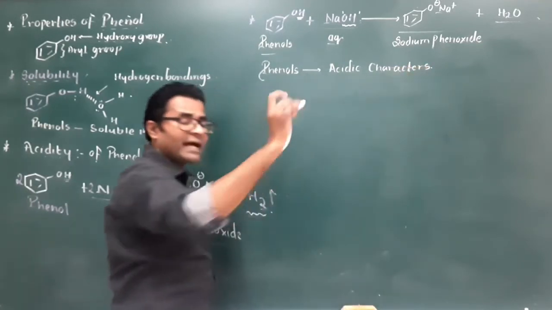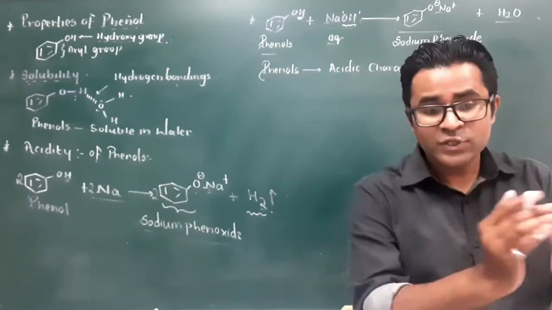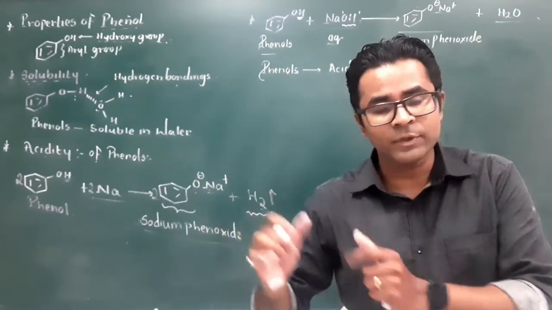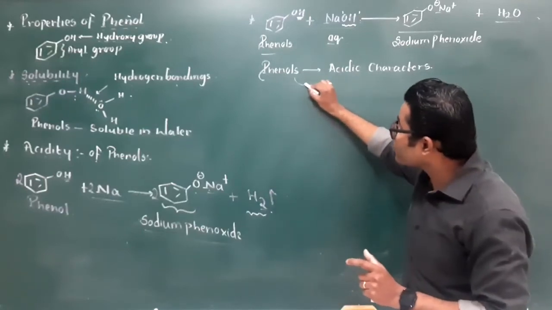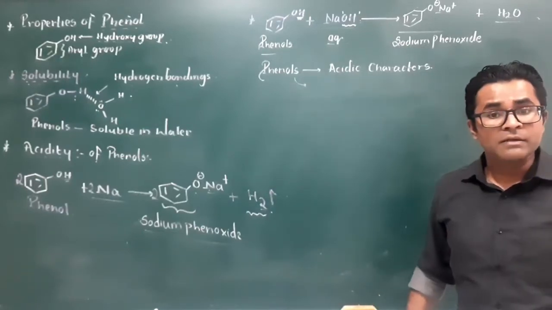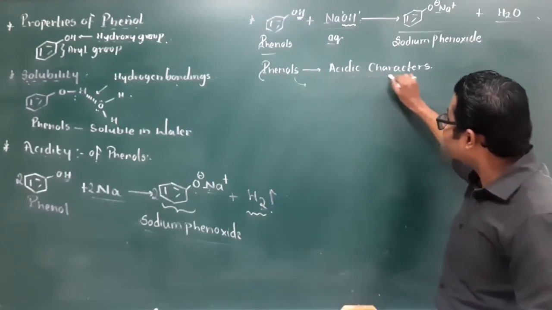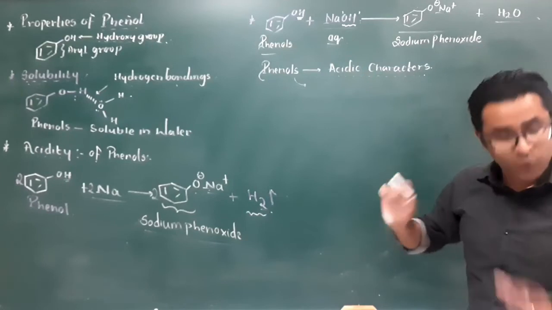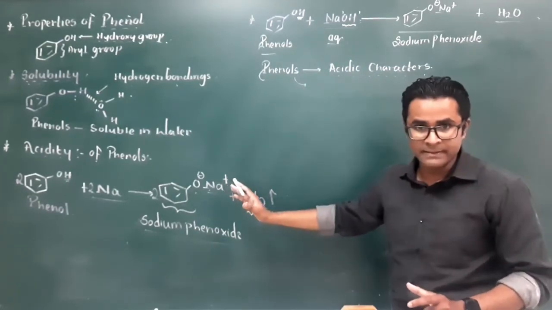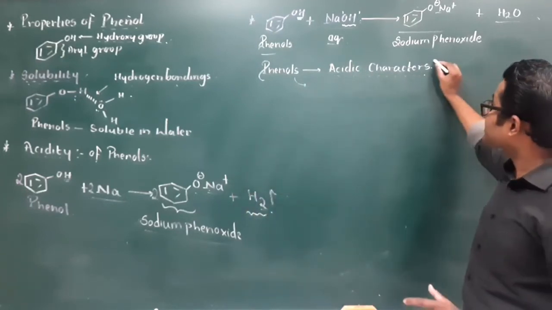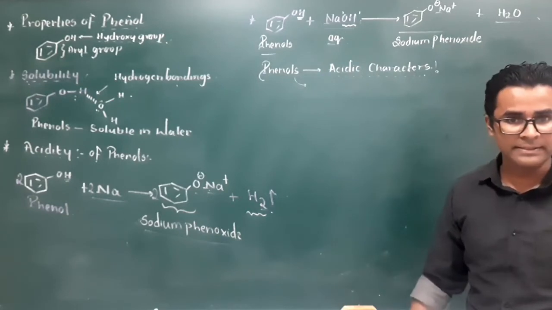But on the other hand, the phenols fail to react with sodium hydrogen carbonate, that is, sodium bicarbonate. Though they have acidic characters, they are not acids. This is what we need to understand here.